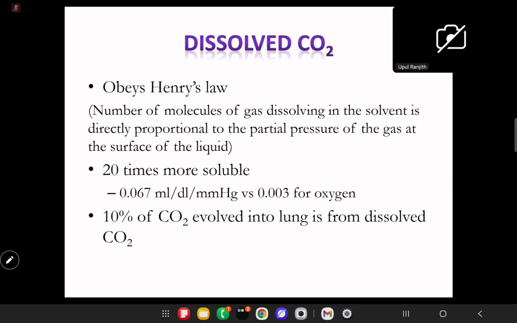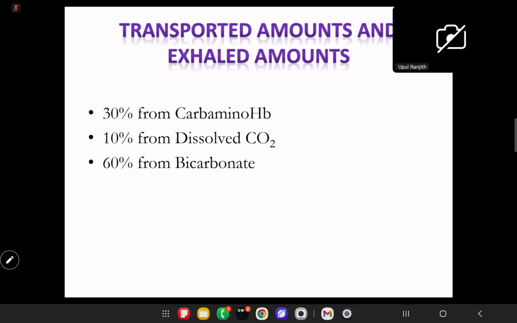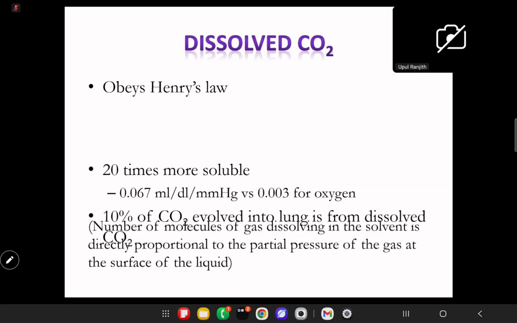Now earlier we saw that 10% of the carbon dioxide evolved into the lungs is from the dissolved carbon dioxide, right? Dissolved form 10%.